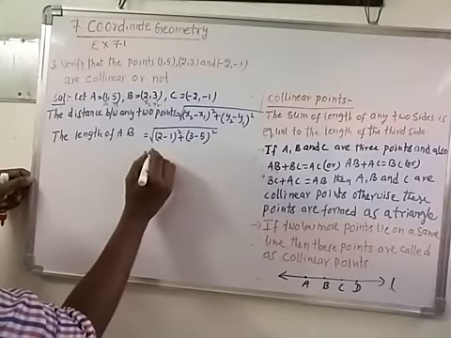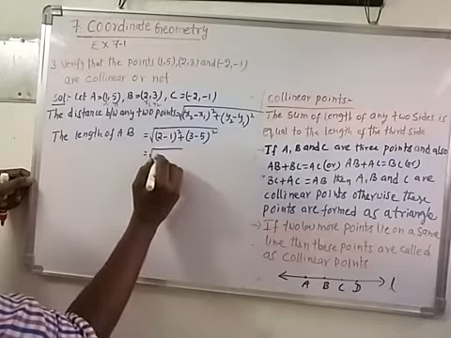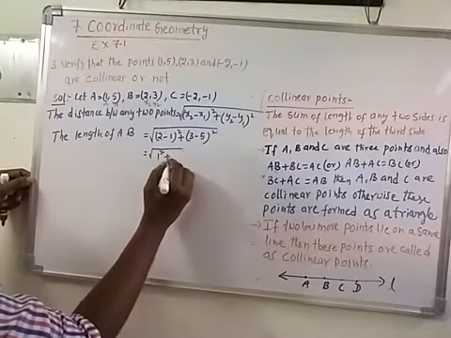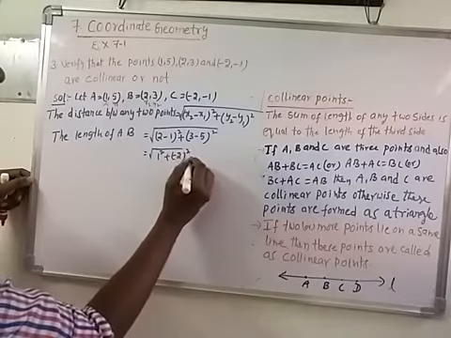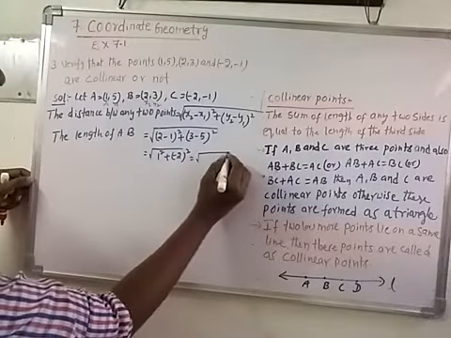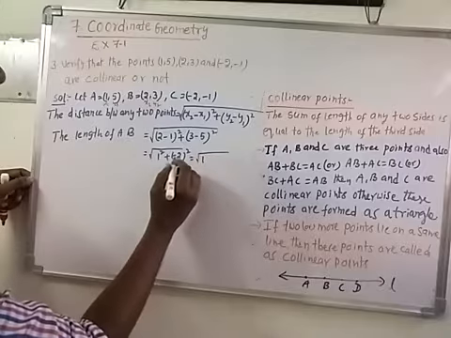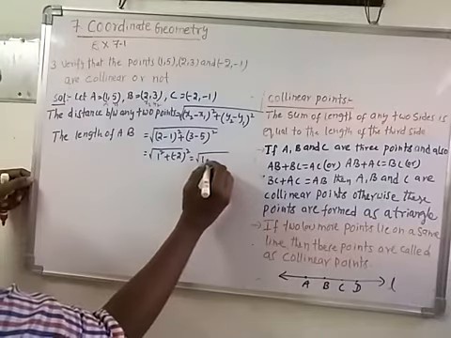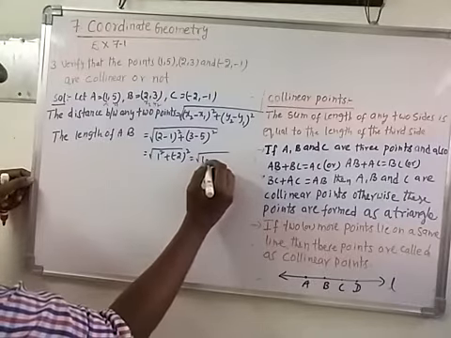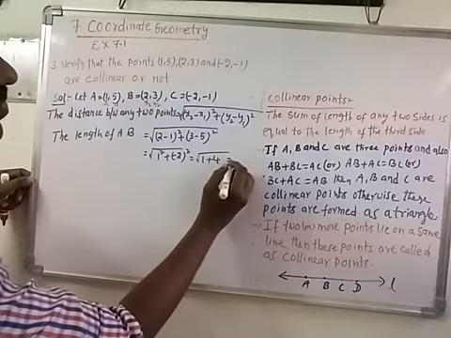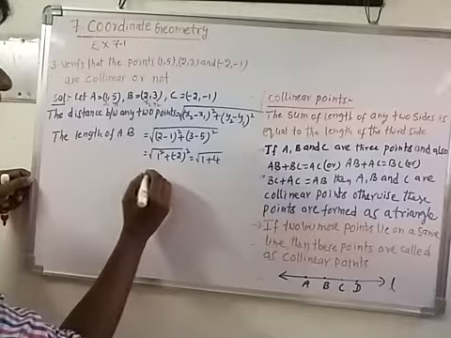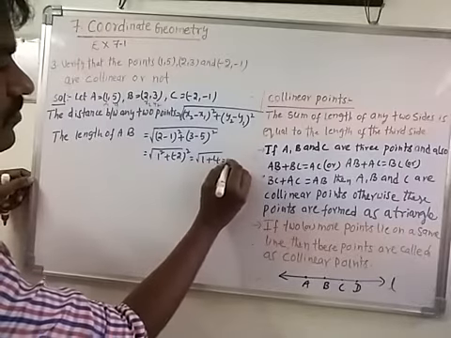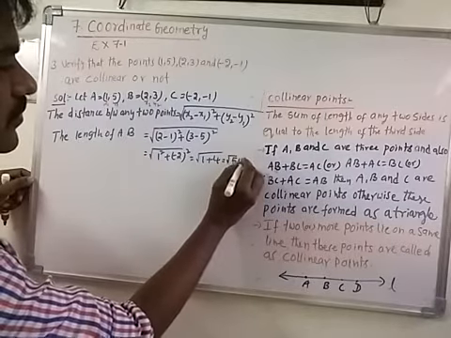That equals the square root of 1 square plus (minus 2) whole square, that is 1 plus 4, which equals square root of 5 units.